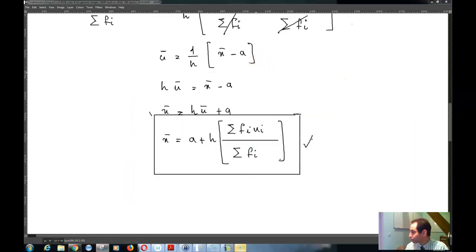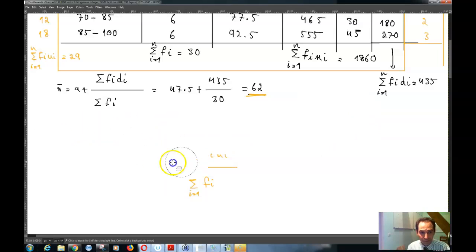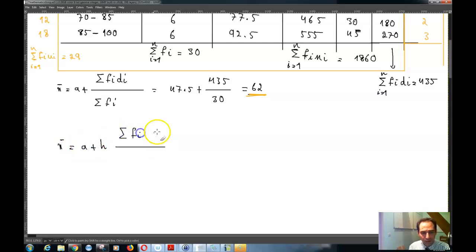Okay. So now let's use the formula to calculate the mean of all of these numbers again. We said that x bar is equal to a plus h times sigma f of i u of i divided by sigma f of i, right?